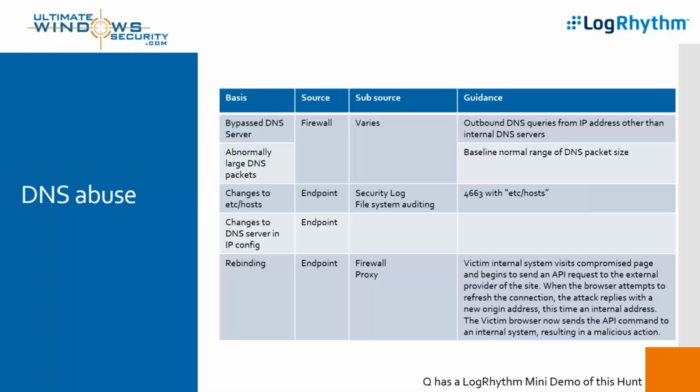And one way that the bad guys do that is by instead of initiating HTTP connections outbound, they just use DNS. And so instead of there being a DNS server at the other end on that destination address, there's a bad guy command and control server.